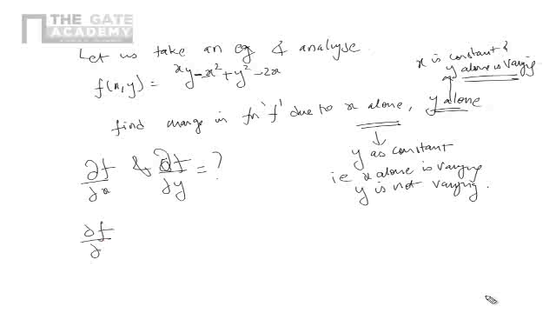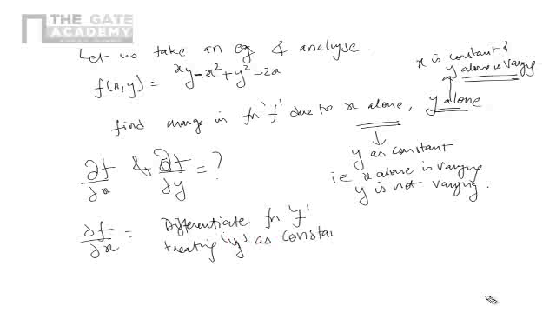Dou f by dou x is nothing but differentiate the function f treating y as constant.